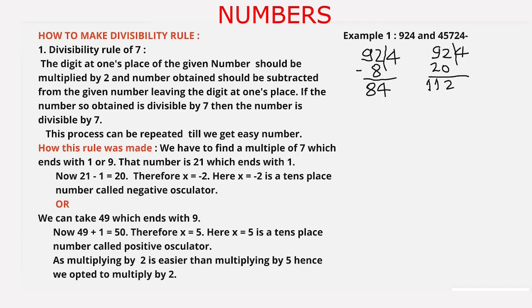But it was easier to multiply 2 rather than multiplying 5 to 4 and do the operation. That's why we opted to multiply by 2 and subtract it from the remaining portion of the number instead of multiplying 5 to 4 and adding it, because multiplying by 2 is easier than multiplying by 5, and subtracting the small number 8 is easier than adding 20.